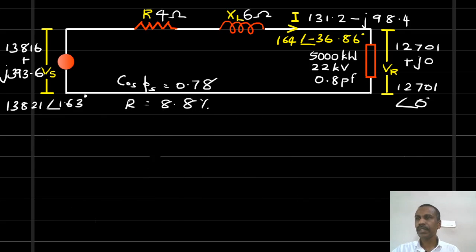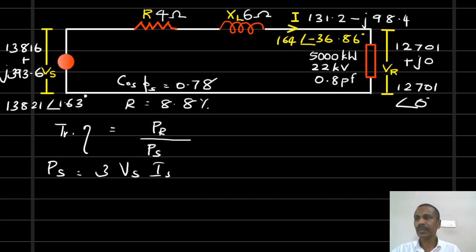Now let us find out the transmission efficiency. The transmission efficiency equals output power or the receiving end power divided by the input power or the sending end power. The sending end power equals 3 Vs Is cos phi. It is 3 times the phase power at the sending end. These are phase quantities.